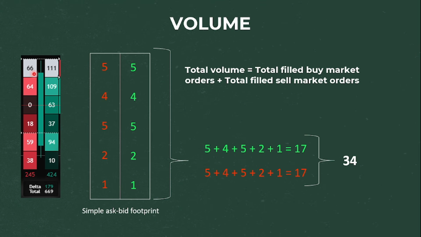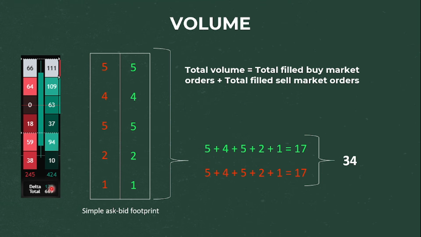On this candle, on the left side, the total volume of sell market orders executed is 245, and the buy market orders executed on the right side of this footprint total 424.